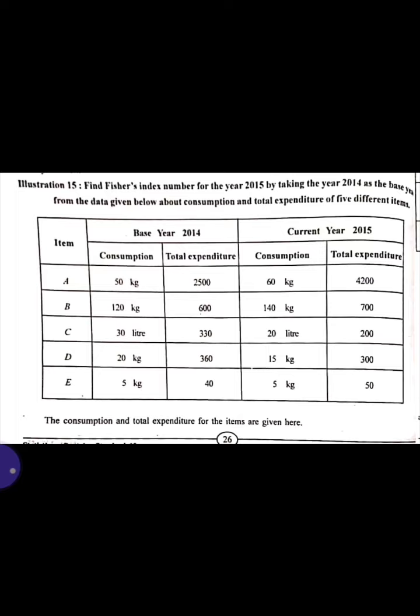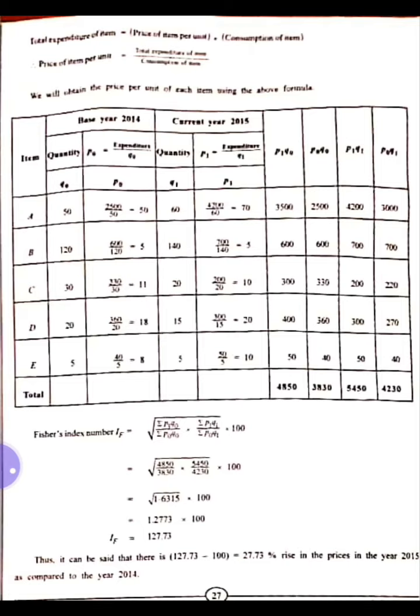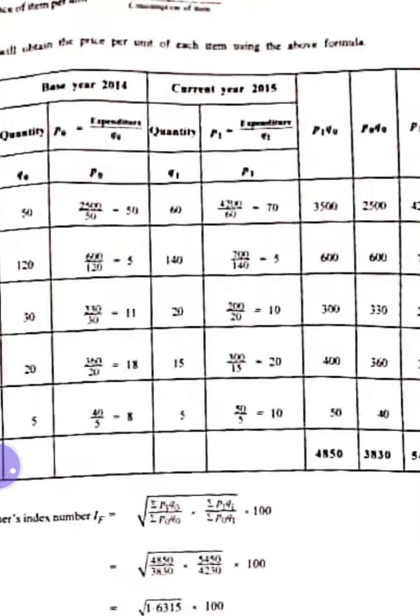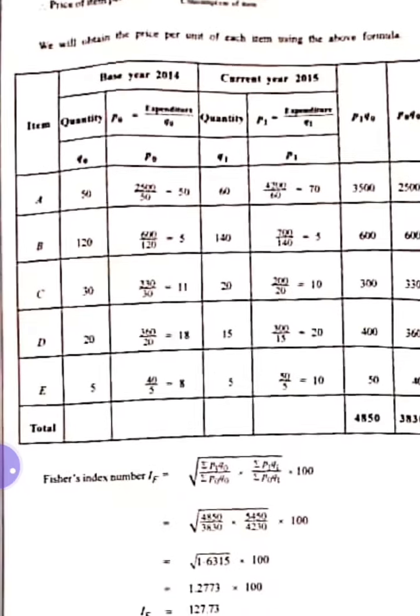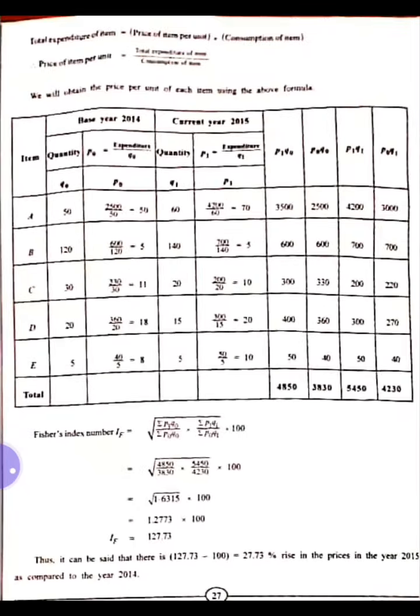We have the quantities but we don't have the price per unit. So while we talk about the price per unit, the price per unit obviously is going to be equal to total expenditure of the item divided by the consumption of the item.